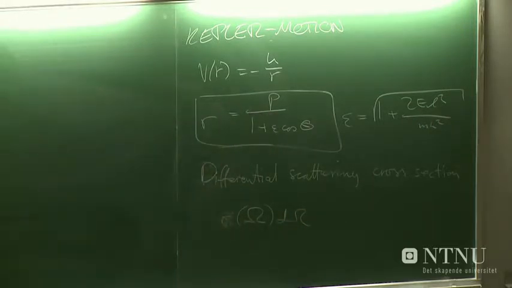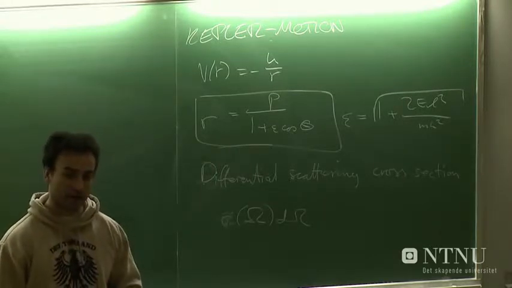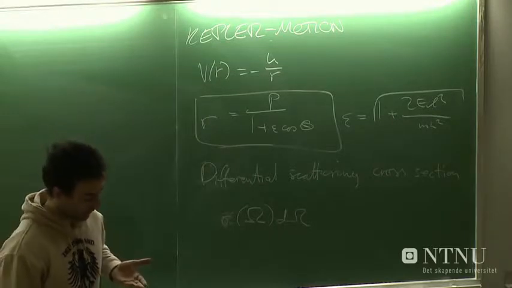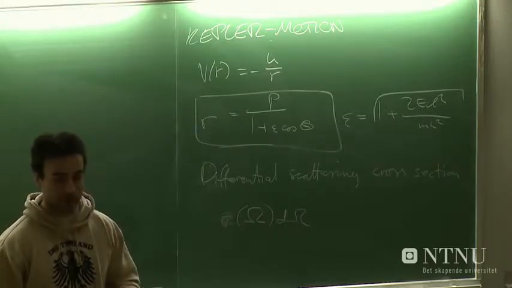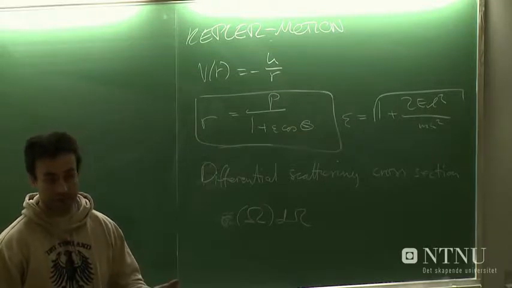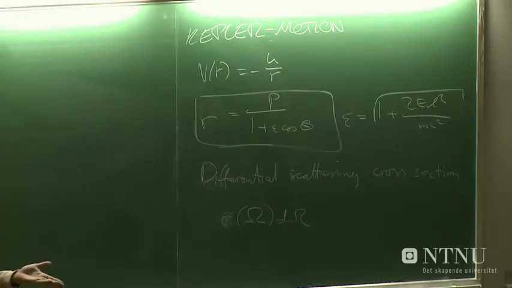And we introduced this quantity known as the differential scattering cross-section, which was basically a measure of how much of the incident particles towards a force field or a potential would be scattered into a specific direction by this potential.